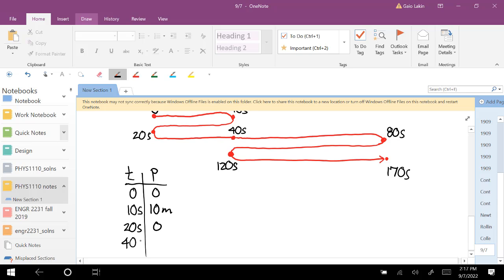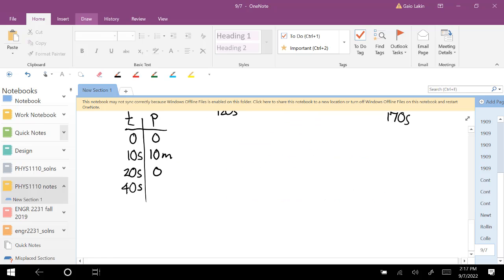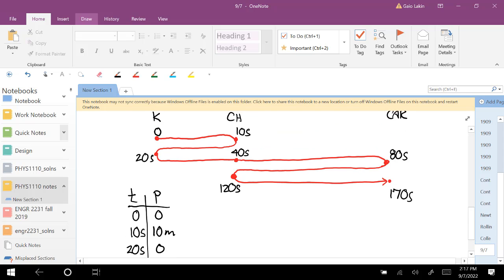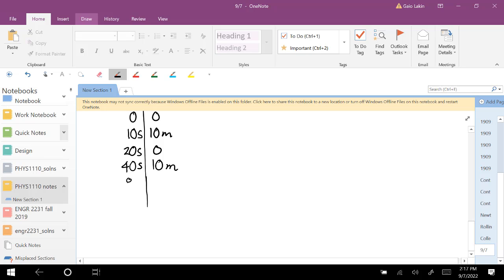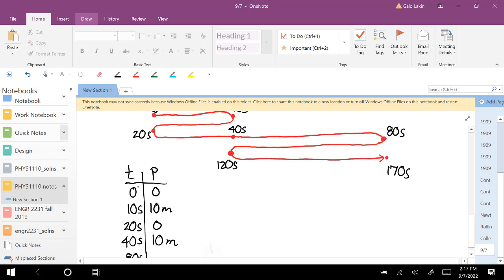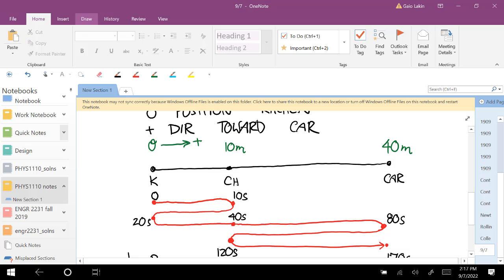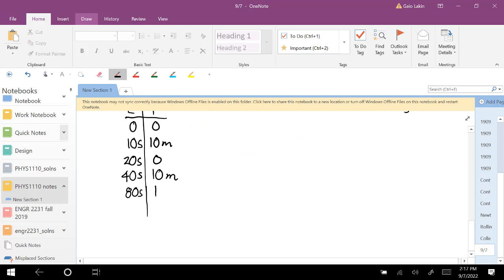And what's the position? 10. And then the next one is here. What's the time? 80. And what's the position? 40, good. 40 meters.